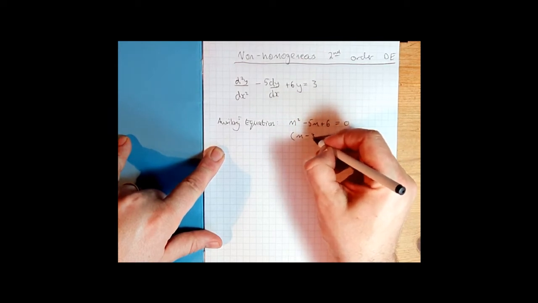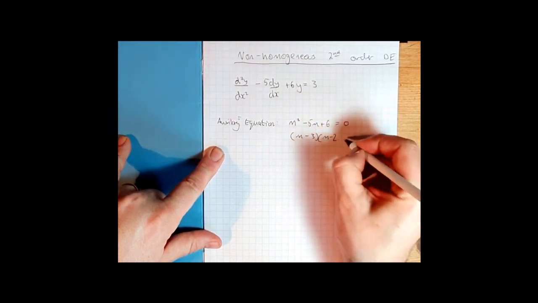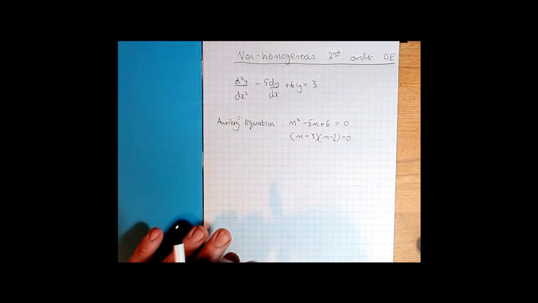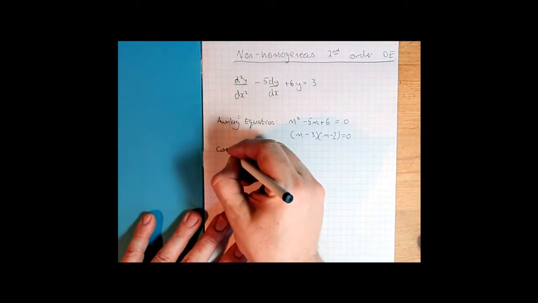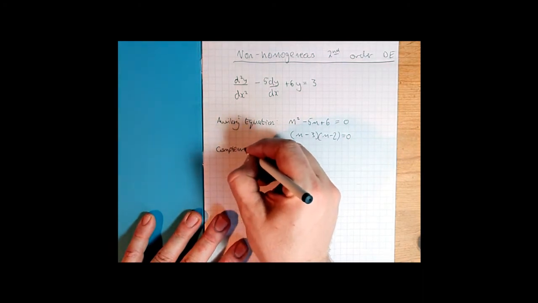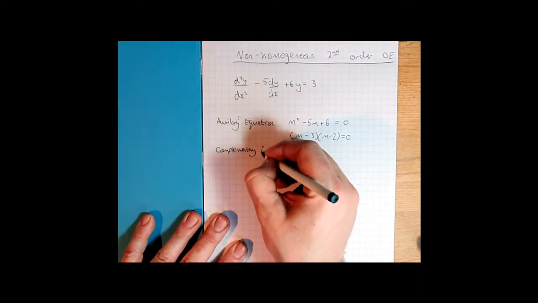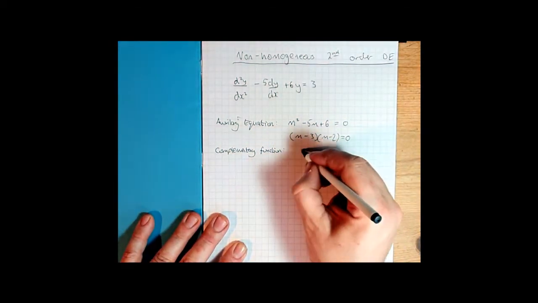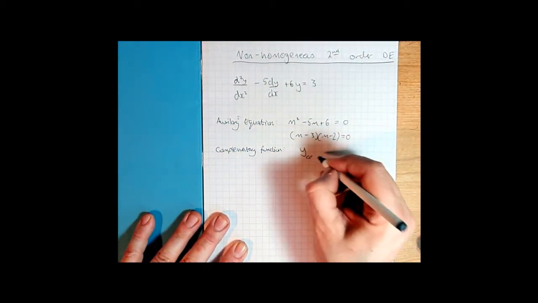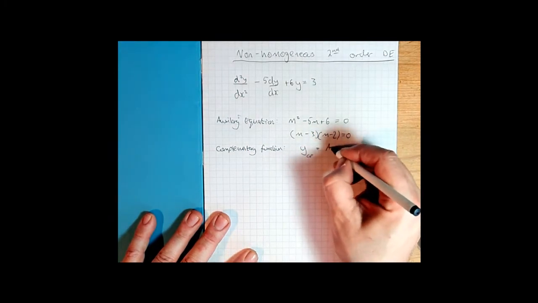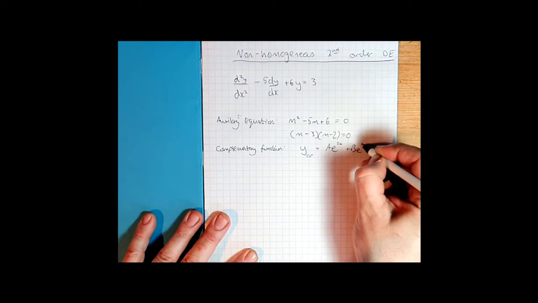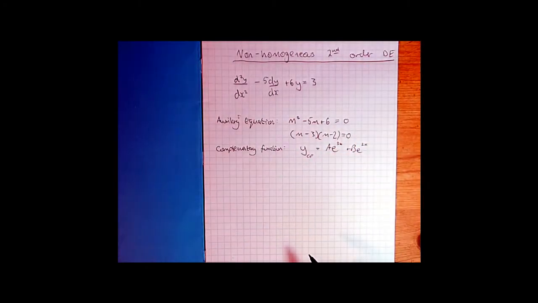Minus 3, minus 2. And so the complementary function, we'll call it y CF, is Ae to the 3x plus Be to the 2x. That's what we got before.